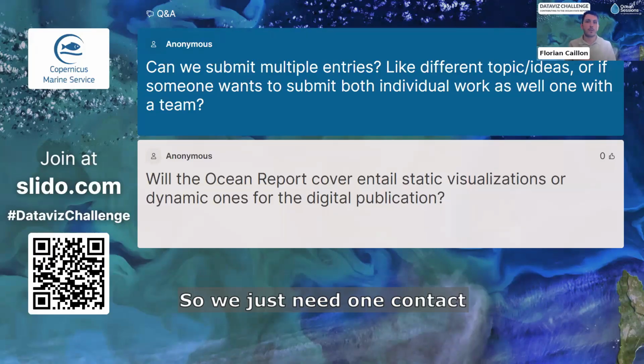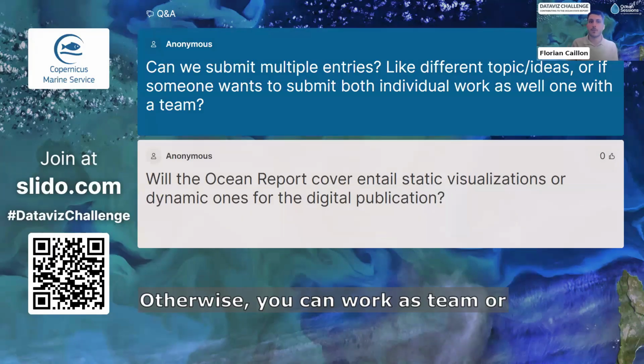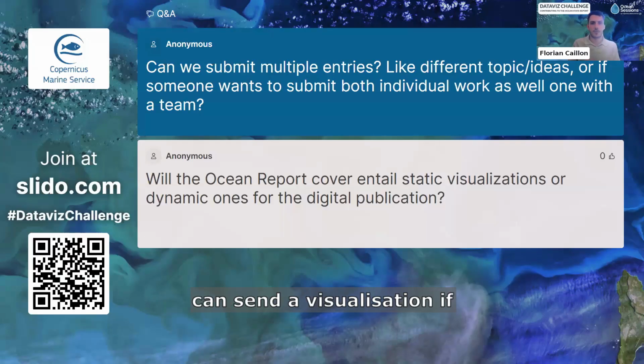So we just need one contact person. Otherwise, you can work as a team or as individuals, and each individual can send a visualization if needed. Just make sure that the name of your visualization is well described in the file so that we can easily identify it.